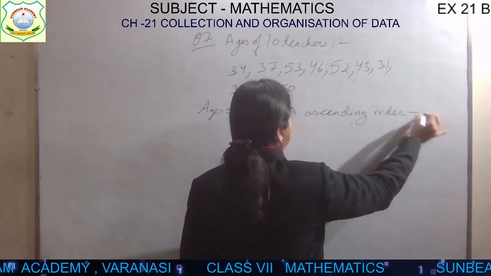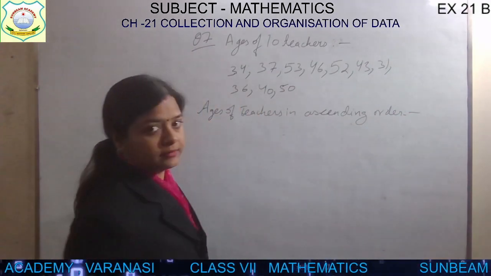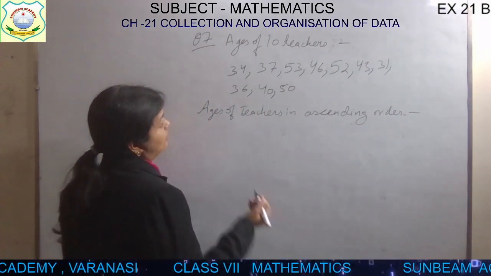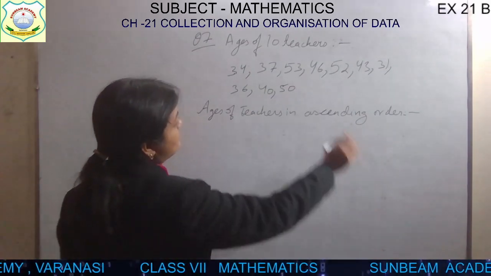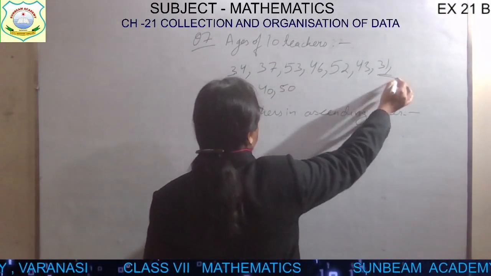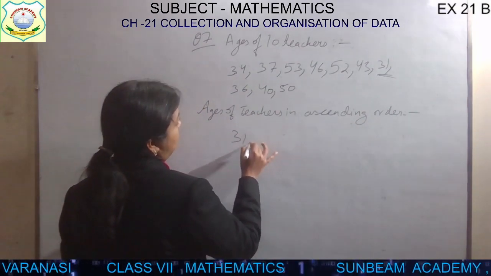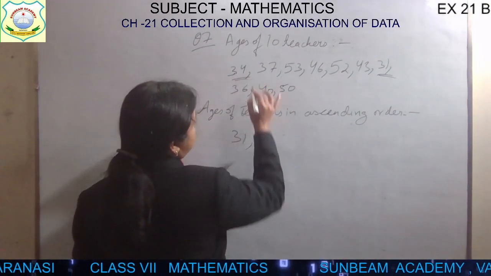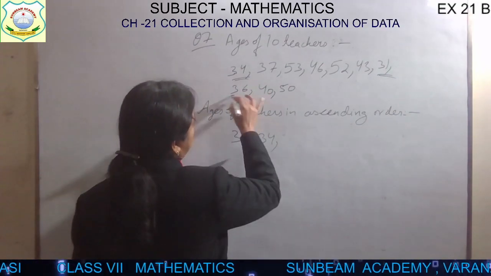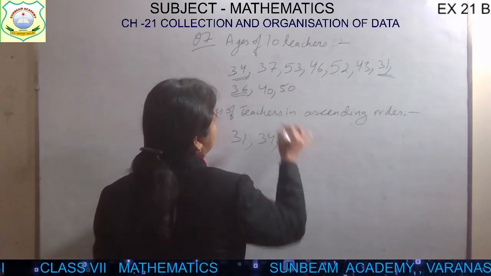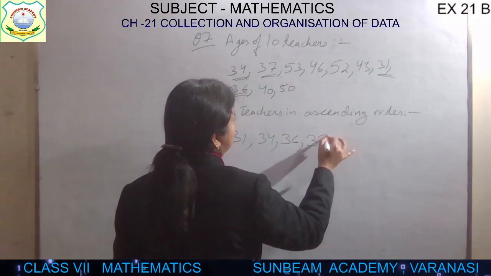Which one is the smallest one, children? It is 31. Then after 31 comes 34, then 34 and then 36, then 37.